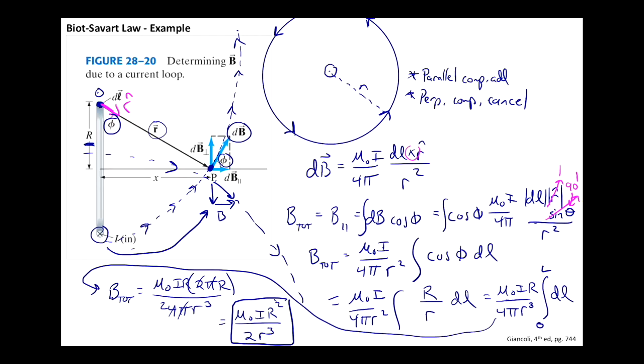Anybody else? Yes? To r hat? dl is pointing directly out of the screen, and r hat is in the plane of the screen. Those two things are perpendicular to each other.